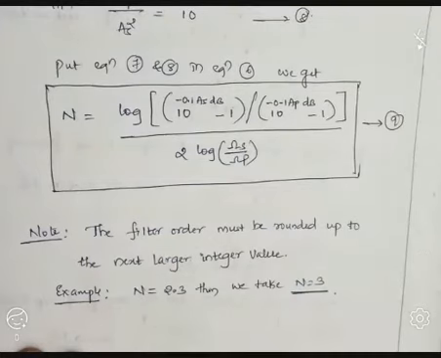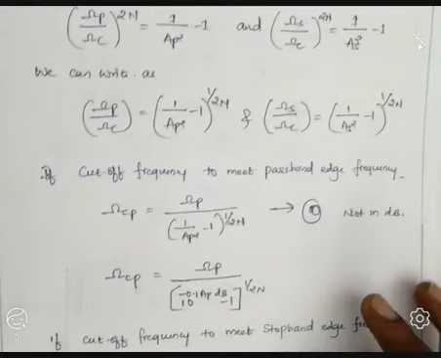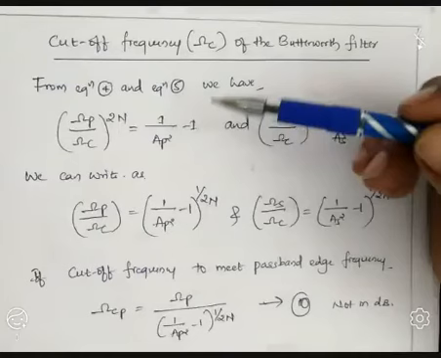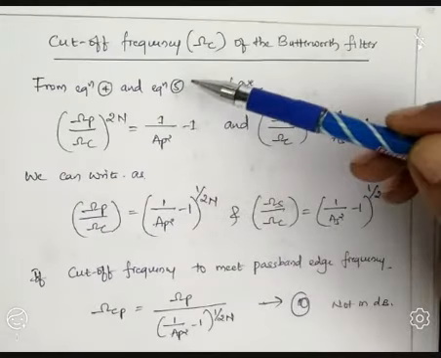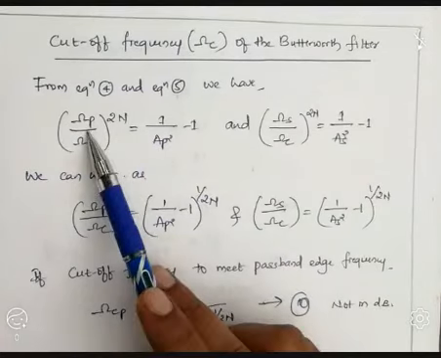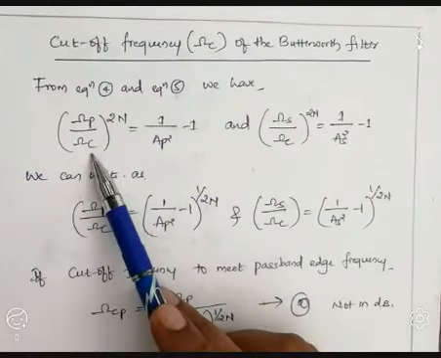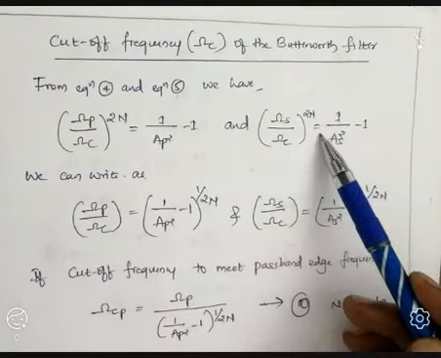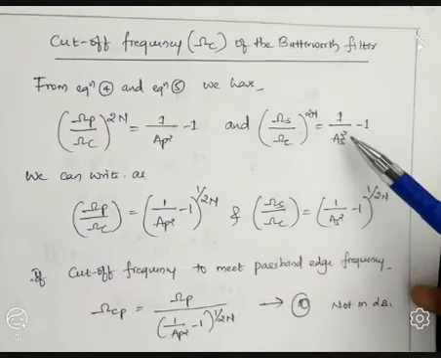Next is the calculation of the cutoff frequency. We will calculate the cutoff frequency of the Butterworth filter. So from the previous equations, equation 4 and 5, we can write omega p by omega c to the power 2n is equal to 1 by AP square minus 1. This one we already discussed. Similarly, omega s by omega c to the power 2n is given as 1 by A square minus 1.